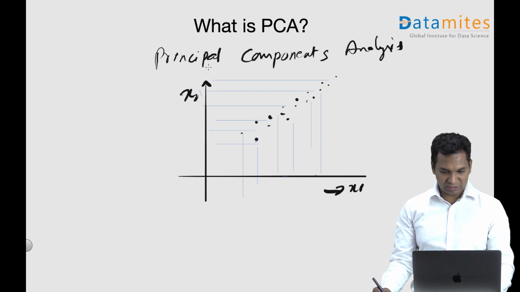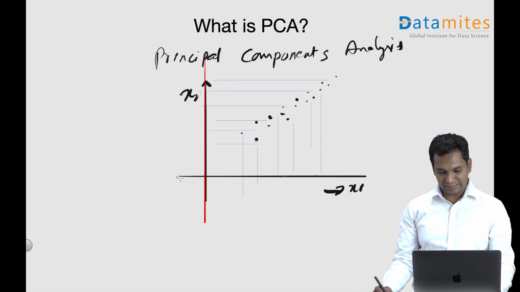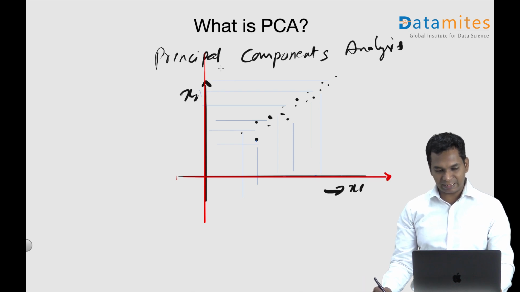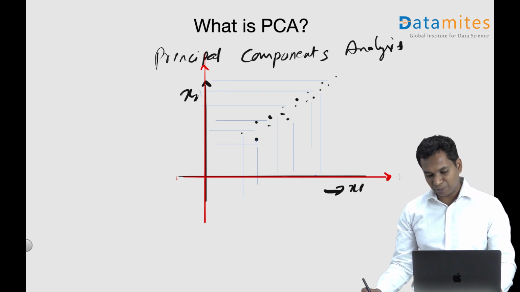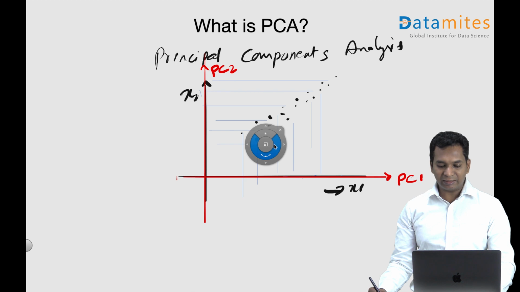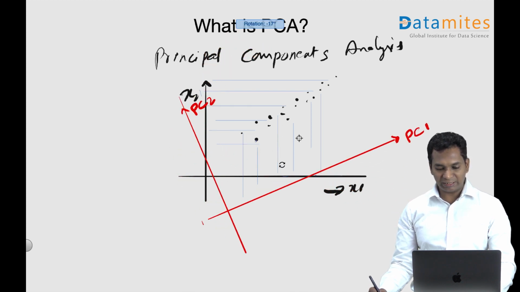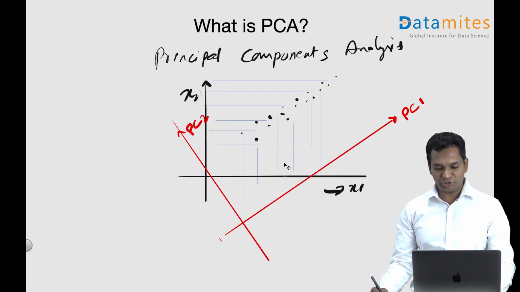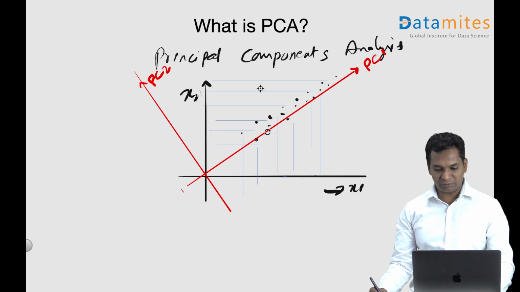Let me say you have these axes, but this time I'm going to call them the new axes, which is principal component 1, and this is principal component 2. And then I'm going to simply rotate them and reposition them in such a way, for example, like this.